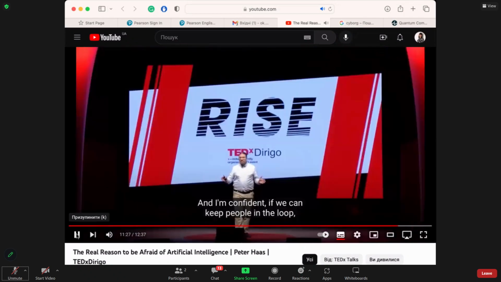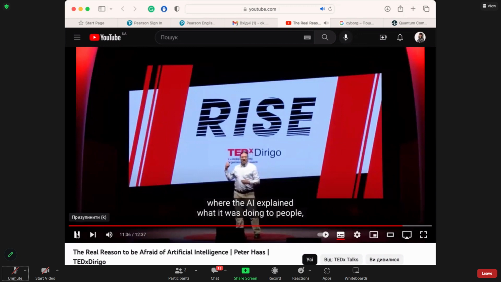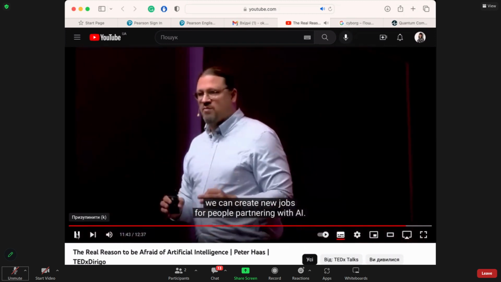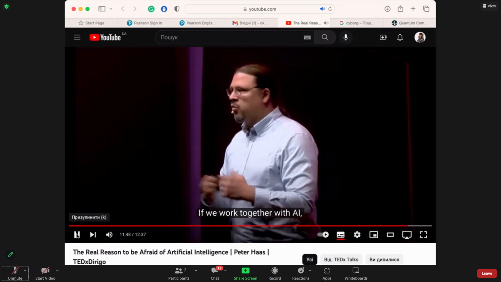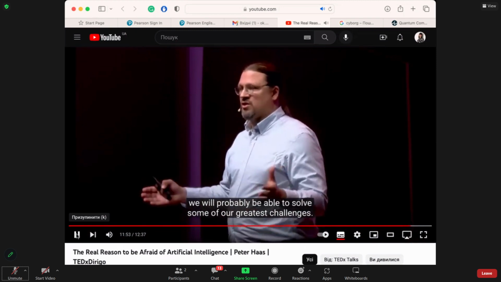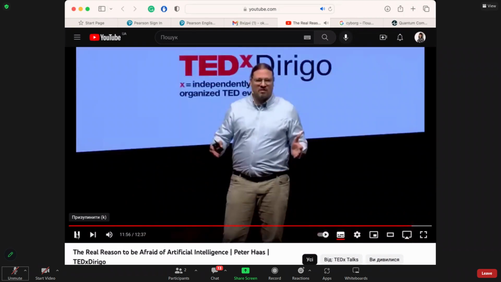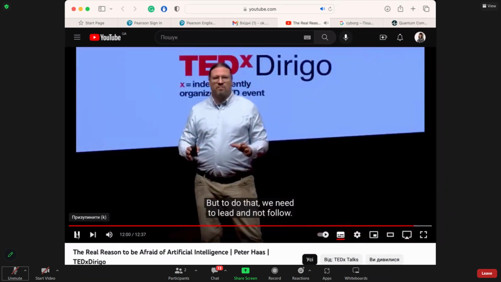And I'm confident if we can keep people in the loop, if we can build transparent AI systems like the dog-wolf example, where the AI explained what it was doing to people and people were able to spot check it, we can create new jobs for people partnering with AI. If we work together with AI, we will probably be able to solve some of our greatest challenges. But to do that, we need to lead and not follow.